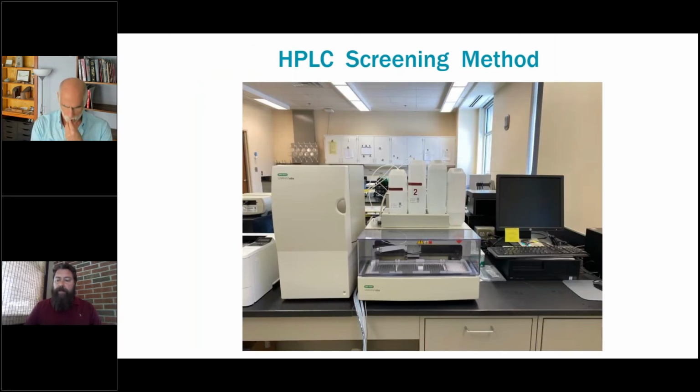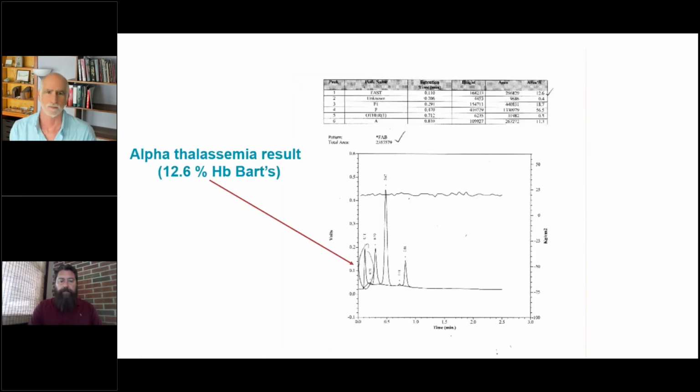So the HPLC screening method is the one that the majority of the states are using. And here's the auto sampler and the solvents that go through, and then the column and the detector are in this box here. And so with these, you get chromatogram reports that show the peaks and actually quantitate the hemoglobins, or give pseudo quantitations that you can make decisions on the risk.